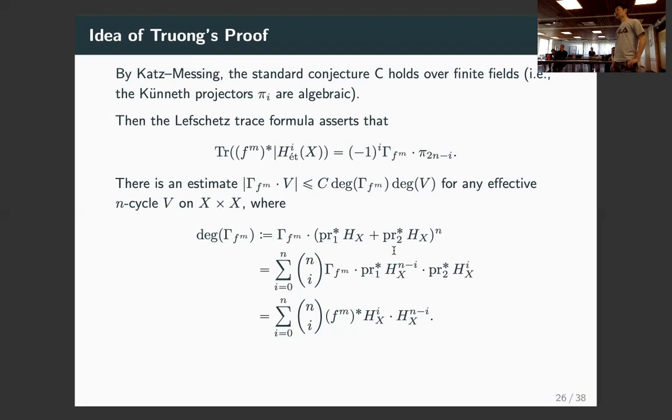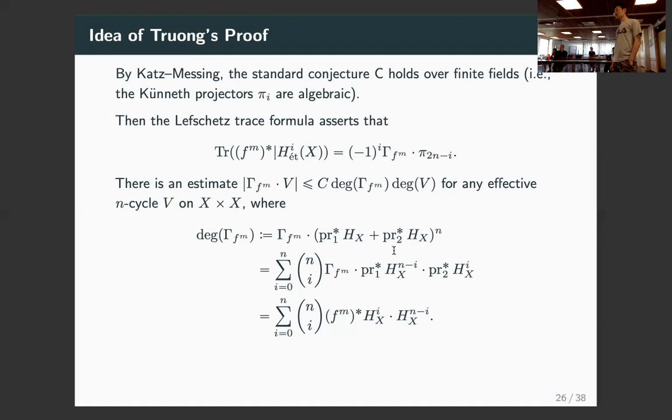The absolute value of this intersection number is bounded above by some uniform constant C times the degree of gamma F^m and the degree of V for any effective cycle V on X times X. Here the degree of gamma F^m by definition is just the intersection number of gamma F^m times the nth power of an ample divisor, the standard ample divisor on this product variety, which comes from the ample divisor H_X on X using projection.